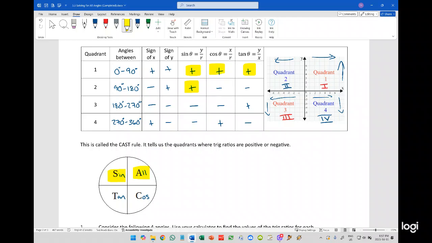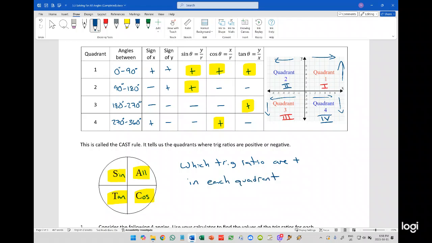In quadrant 3, only the tan ratio is positive. And in quadrant 4, only the cos ratio is positive. So the CAST rule is an easy way to remember all that other stuff. This is just which trig ratios are positive in each quadrant.